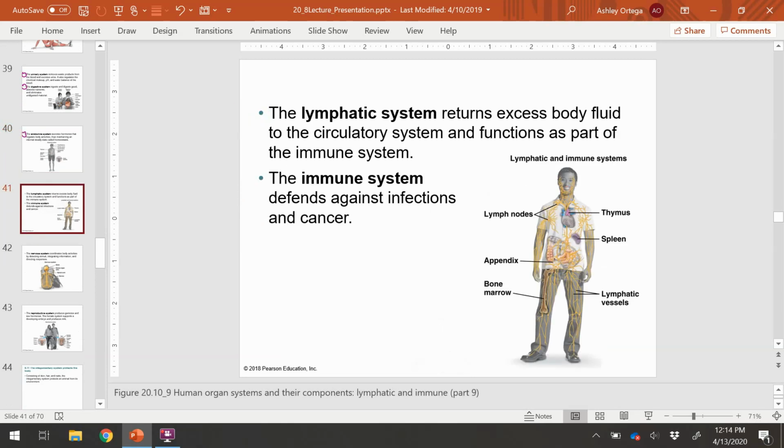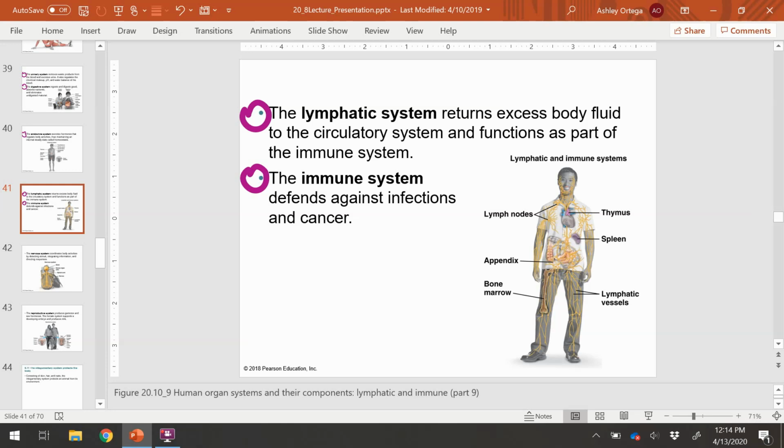They have the lymphatic system that returns excess body fluid back to the circulatory system and also functions as part of the immune system, which is here also defending against infections and cancer cells. So the lymphatic system is very important for maintaining good health with the immune system. Interestingly enough, the lymphatic system, as you can see here, is made up of a bunch of vessels.